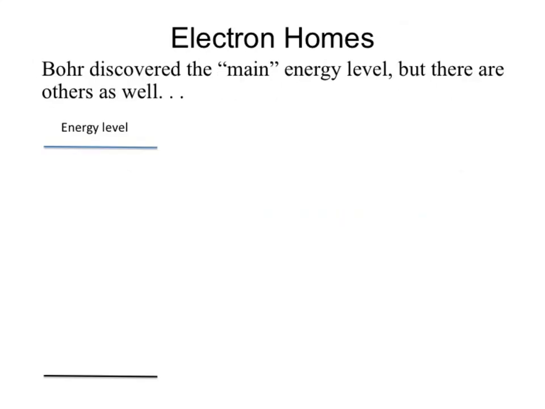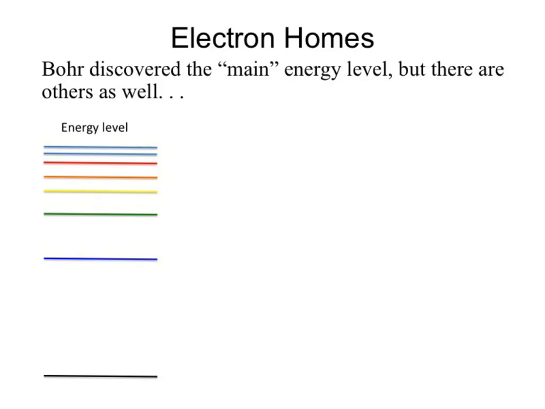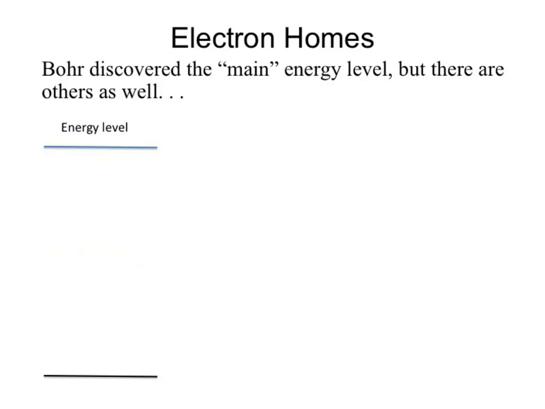So this is what's happening within Bohr's model. Now we're going to step this up a little. We've got these different energy levels, which is what we're showing on the left here. As we go up, we increase in energy.